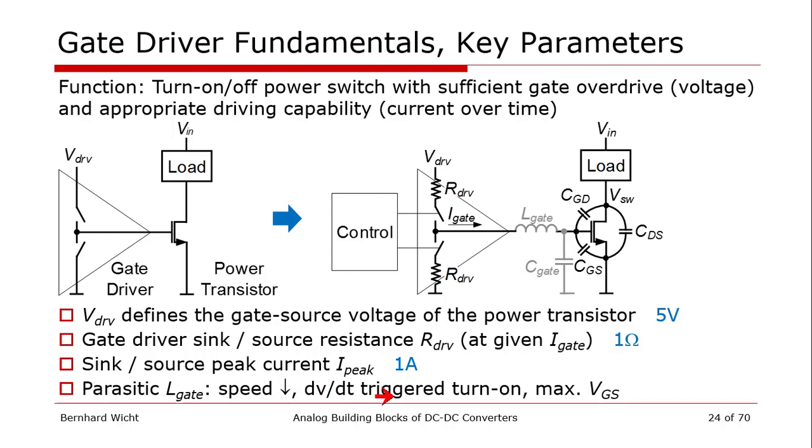And it may even lead to some dV/dt triggered turn on, so the transistor sees some peaking, shortly turns on, always failure cases. And in extreme cases, we may even exceed the maximum gate source voltage and damage our power device. So this gate inductance, I just want to briefly mention that, that's a big topic for larger power DC-DC power modules.